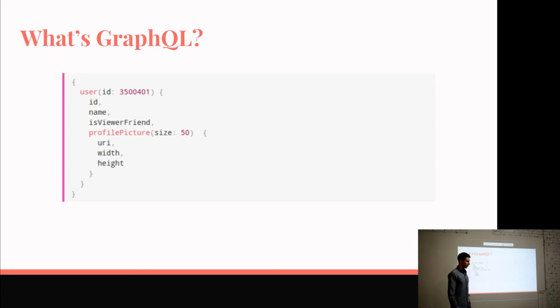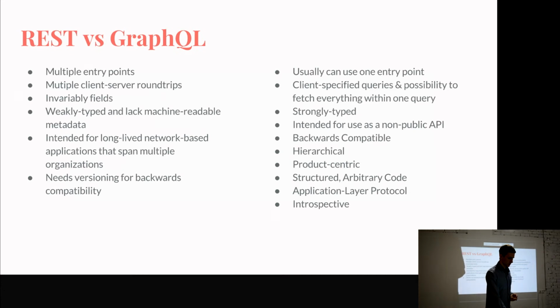GraphQL also allows not only querying data to get it, it also allows mutating data, which means inserting, updating, deleting, and later I'll show you a demo of how we can use it. But first of all, let's see what it replaces and why it can be useful.